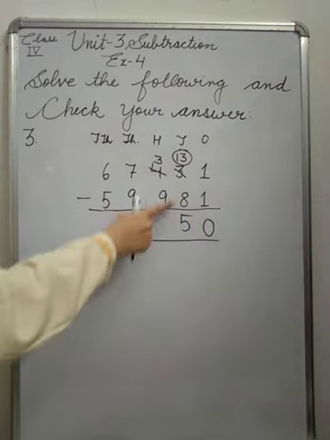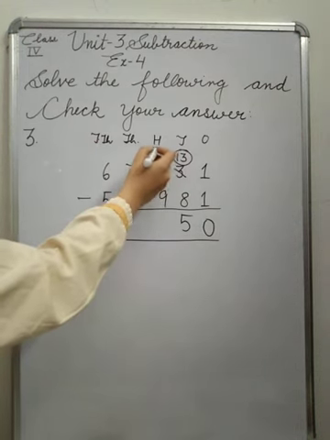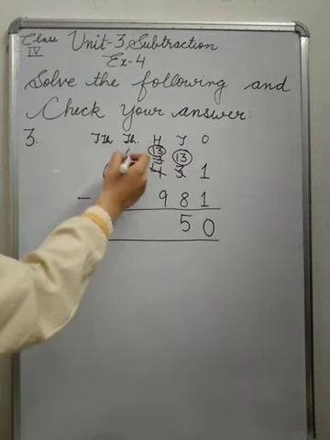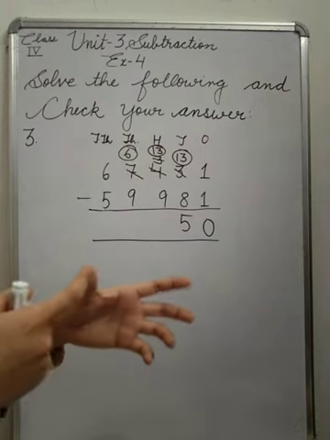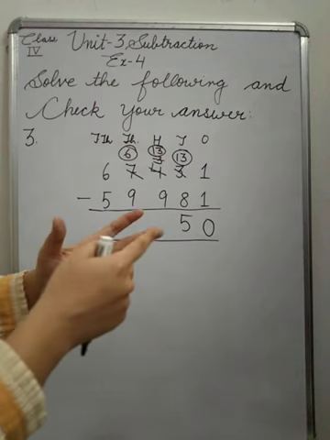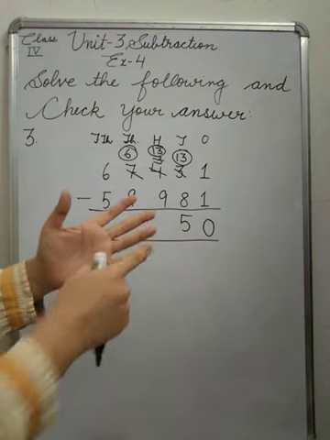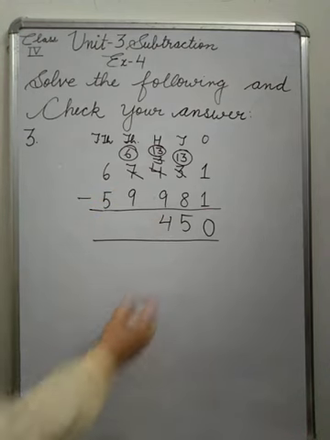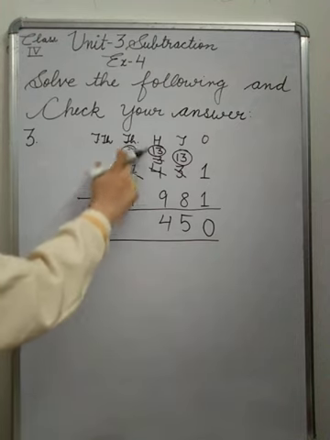The next is 3 minus 9. It is not possible. So take 1000 from this. It will become 13, and this will become 6. 13 minus 9. Subtract 9. What is remaining? 4 is remaining. Write it here. 6 minus 9. It is not possible. Take 10,000 from this.